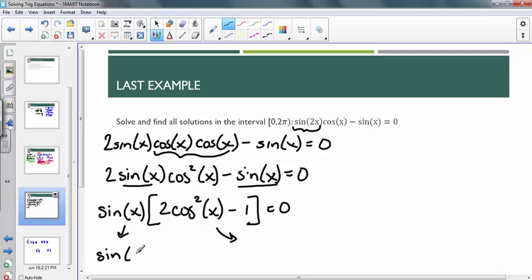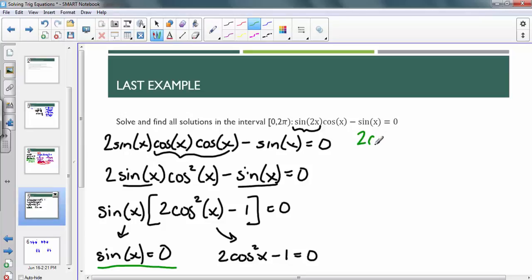So I have sine of x equal to 0, and then 2 cosine squared x minus 1 equal to 0. Since this one is already isolated, I can easily find that on my unit circle, but this one I'm going to need to manipulate just a little bit more.